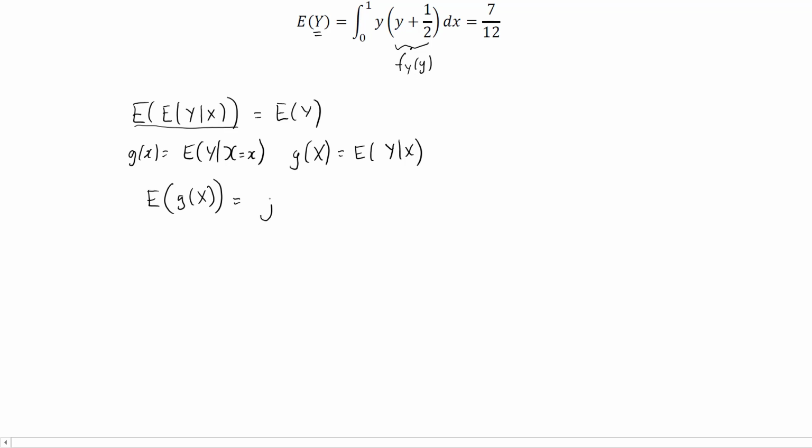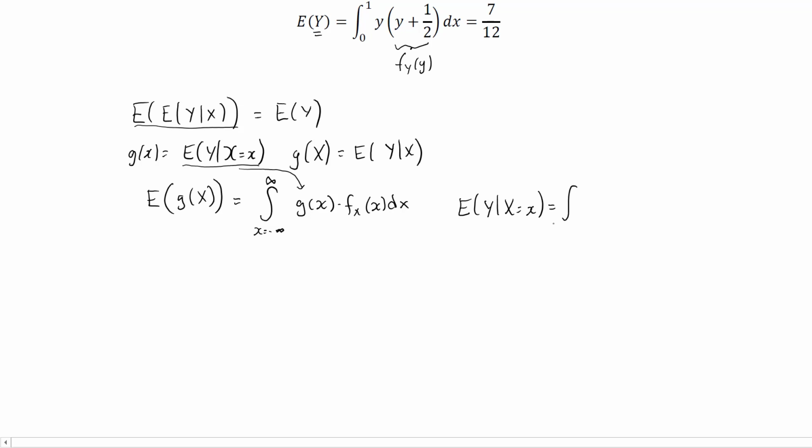And it goes like this. We integrate x from minus infinity to infinity. We do g of lowercase x, and we multiply that by the PDF of x, dx. Before we substitute this for g of x in our integral, let's write this as an integral itself.